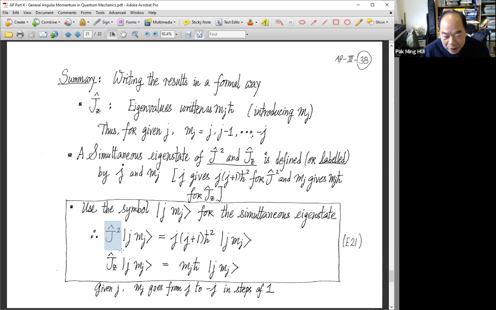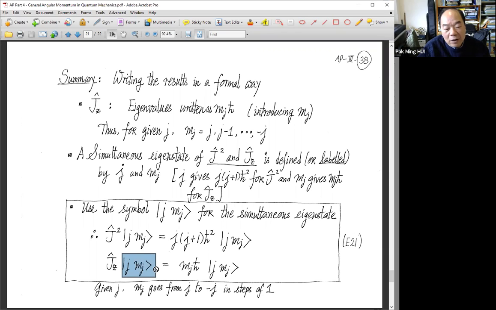The j square operator for this simultaneous eigenstate, the magnitude square has this particular form of eigenvalue, with j taking on either half integer or integers. Well, must be positive, okay? And then the z component in this abstract notation, the second label, quantum number m_j, gives you the z component eigenvalues. And m_j can take on values from plus j to minus j in steps of 1.